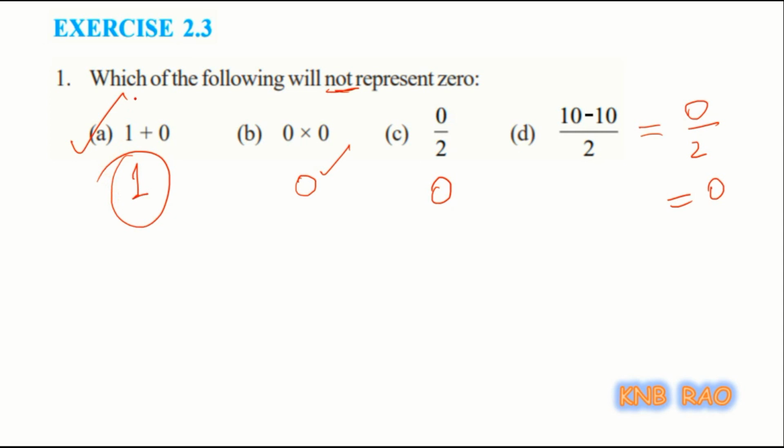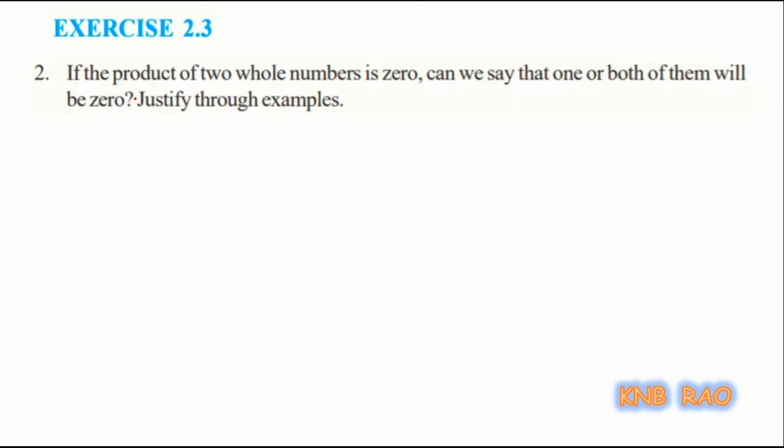Next, let us take question number 2. If the product of any two whole numbers is equal to 0, can we say that one or both of them will be 0? Justify through examples.